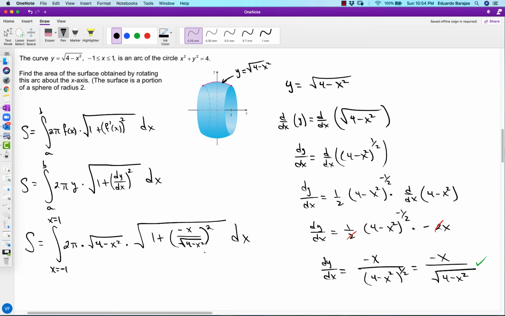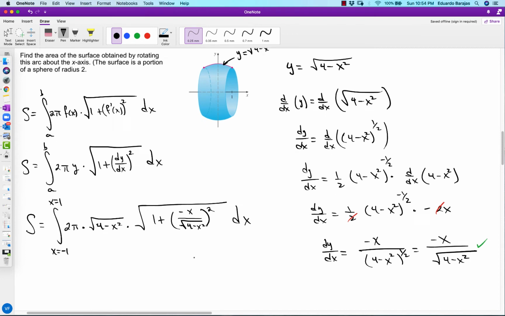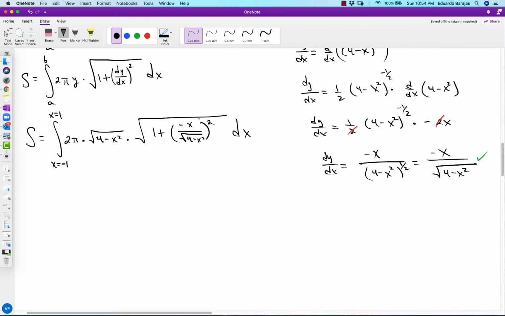Looks pretty messy, but it actually works out really nicely. If we focus on this part, we have negative x squared, that's just going to be x squared. And in the denominator, we have the square root of 4 minus x squared, so when we square it, that simplifies as well.